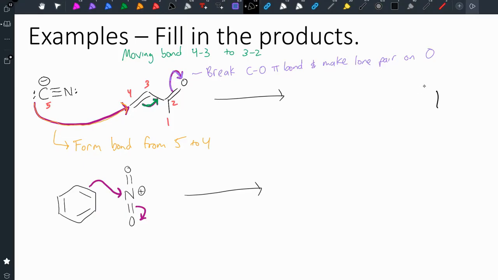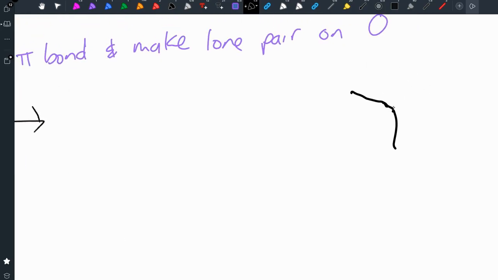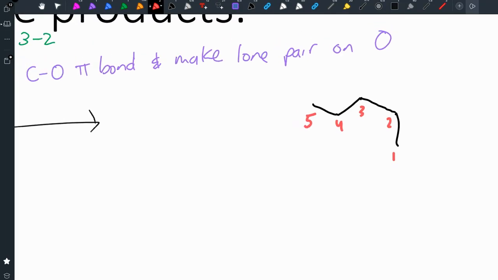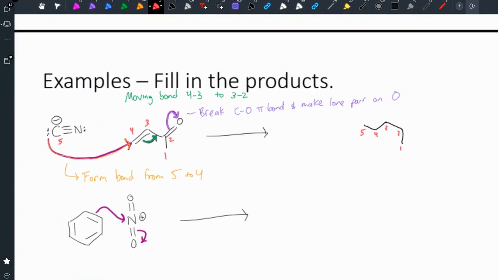Sometimes when I start writing toward the right edge of the screen, it gets hard. My hand falls off. All right. So I have 1, 2, 3, 4, and 5. I have my new bond between 4 and 5.